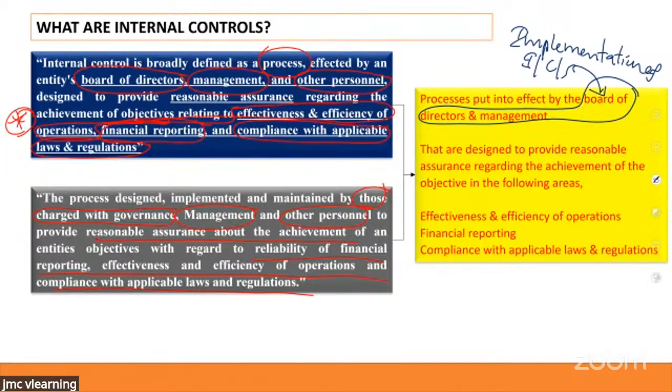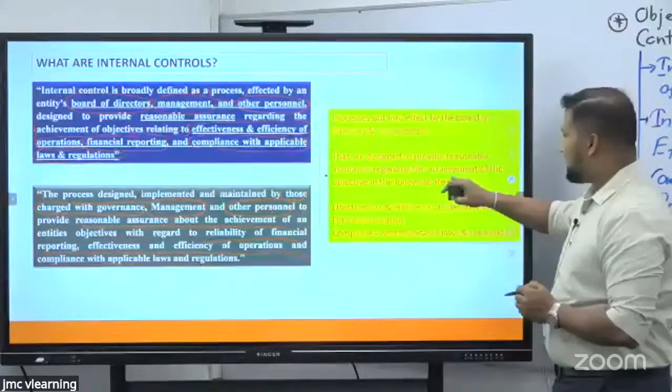It is a process implemented by the board of directors and management, designed to provide a reasonable assurance regarding the achievement of the objectives in the following areas. Number one, efficiency and effectiveness of operations. Number two, financial reporting. Number three, compliance with applicable laws and regulations. Right. Are we clear on this?